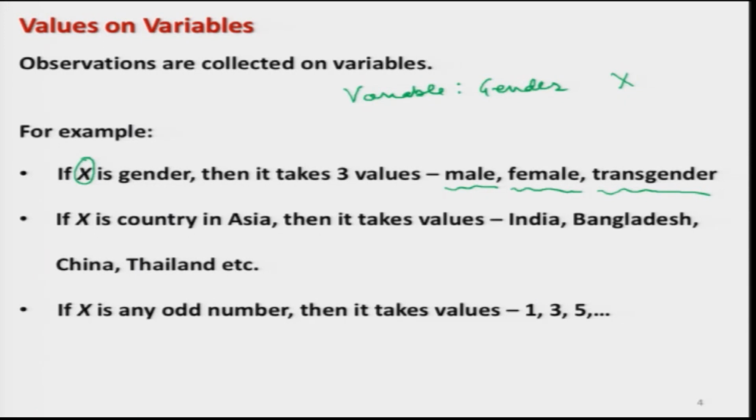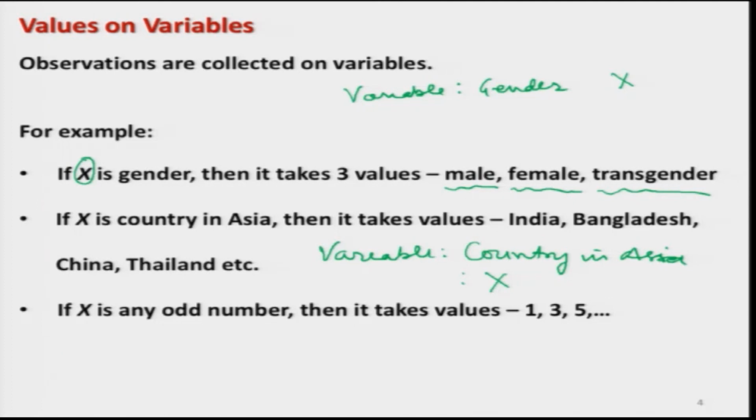Similarly, if I want to study some countries in Asia, then I can define that my variable here is country in Asia, and I will denote this by capital X. Now, this capital X can take different values.